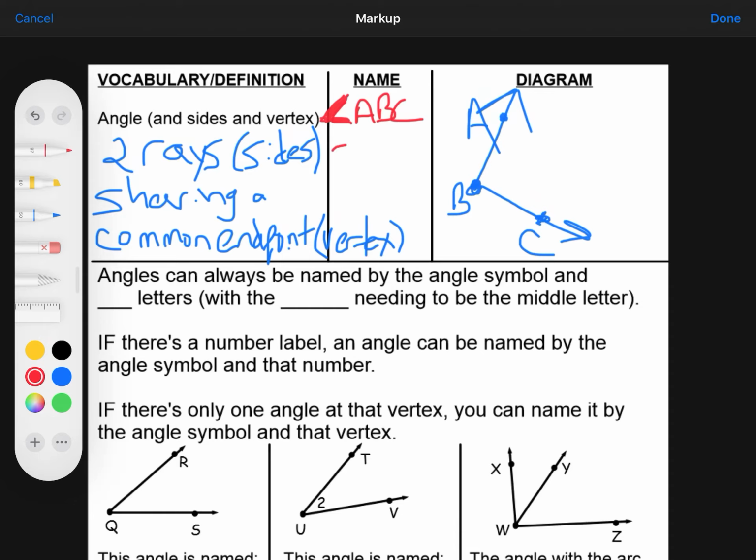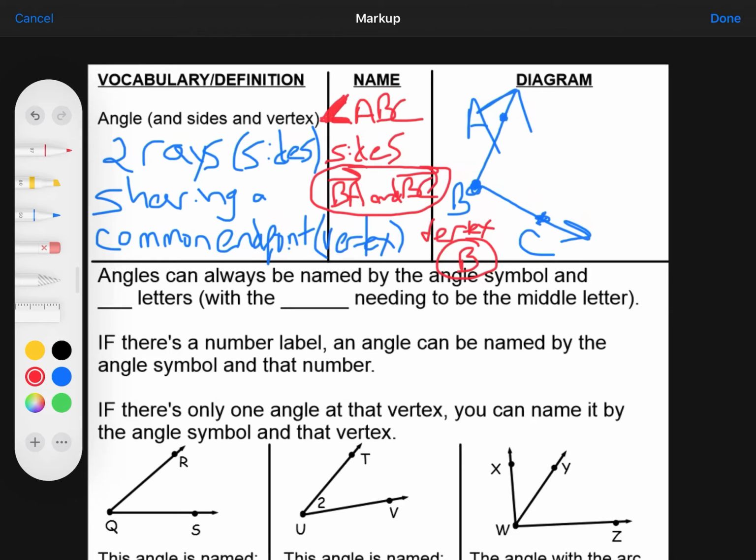Angle ABC has sides, careful, not AB, but BA and BC, and it has a vertex of just letter B. So the sides are two rays. You have to start them from the vertex, and it does matter which letter comes first and which letter comes second. So BA is one of them, BC is the other of them, and the vertex is B.